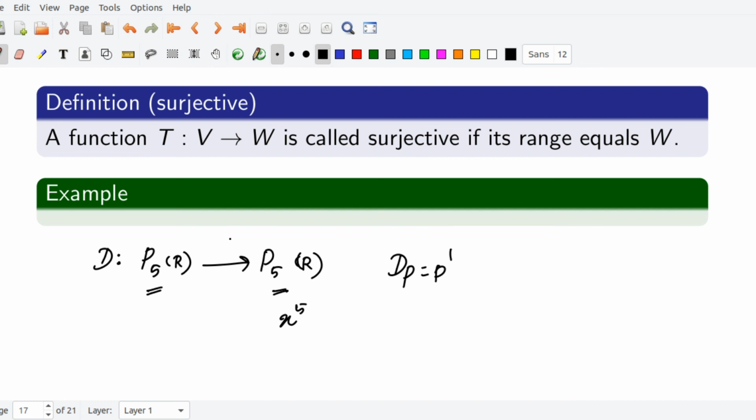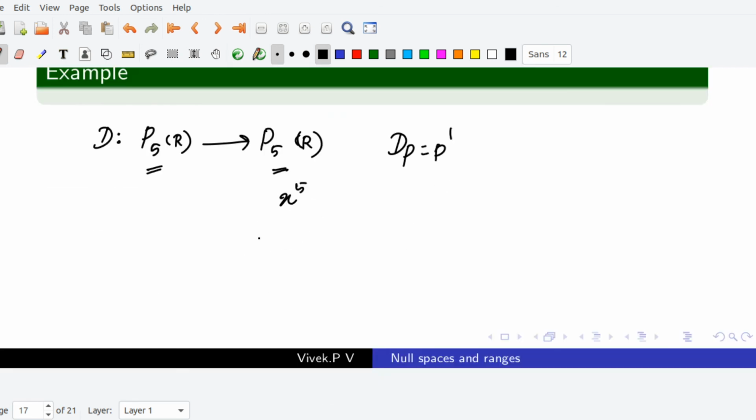So it's not surjective. Instead, consider a linear map S from P5(R) to P4(R). The map is again the differentiation map, S(p) equal to p'. Clearly it is surjective because the degree of a polynomial in P4(R) is at most 4.